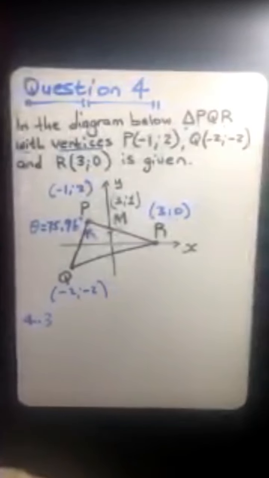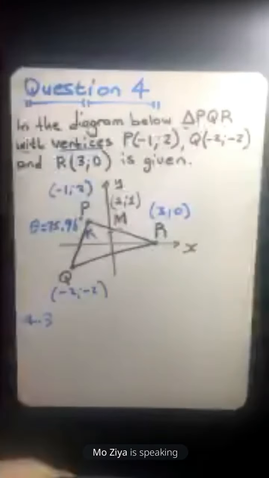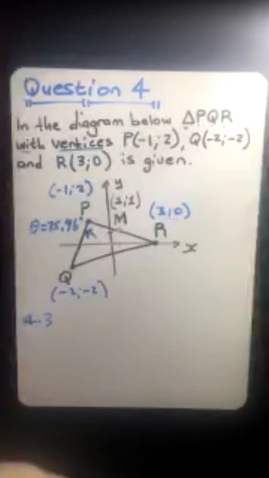Mosiah, what does perimeter mean? Mosiah ran away, guys. Order, honorable member. Mosiah, what's your point of order there?